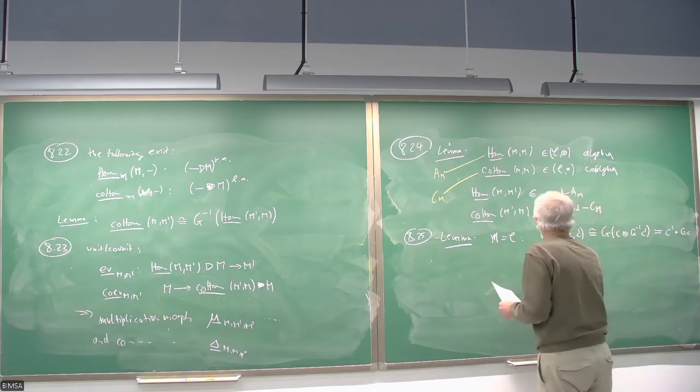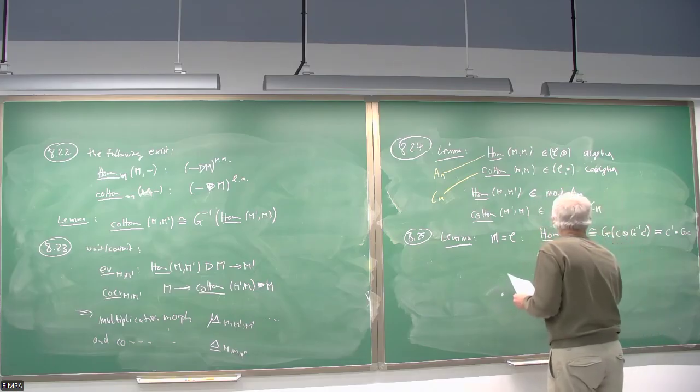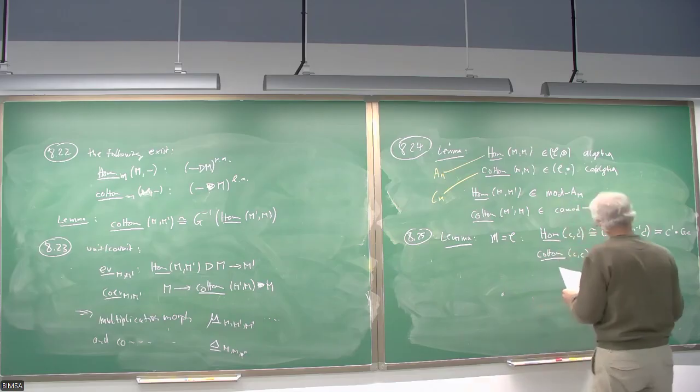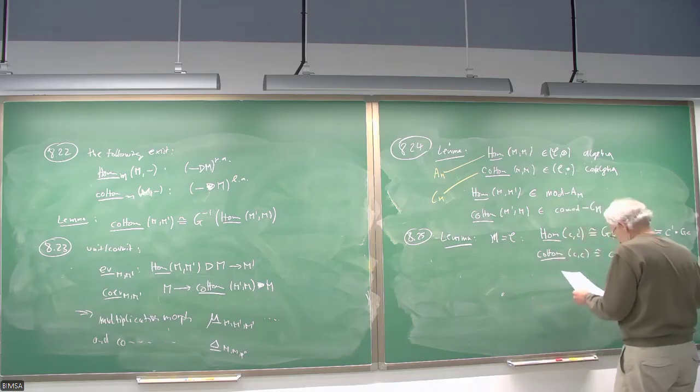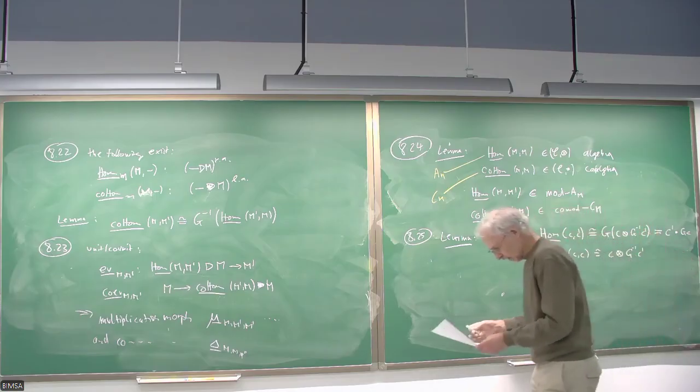And similarly, the internal cohom is isomorphic to C, and then the first tensor product we call C prime.